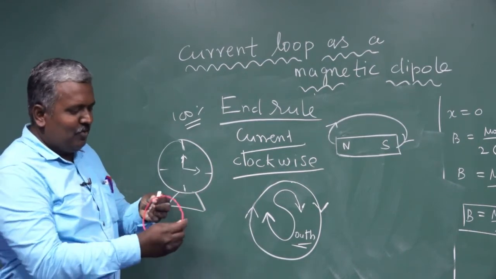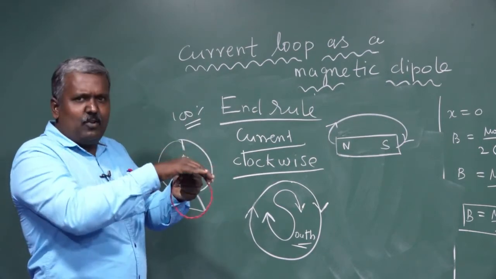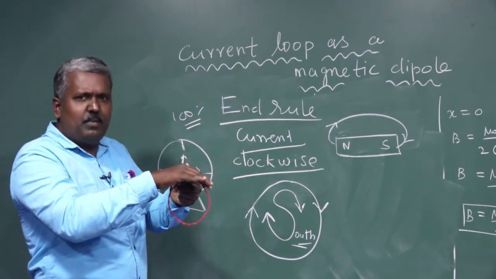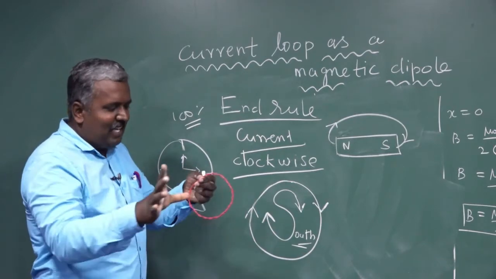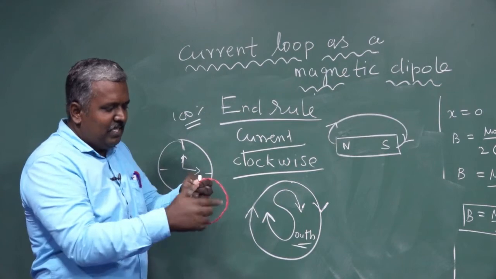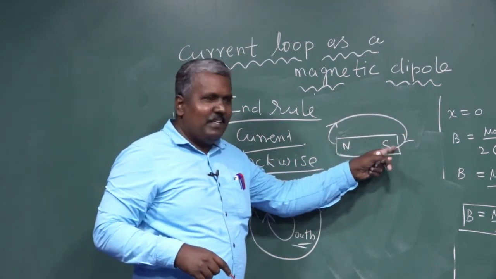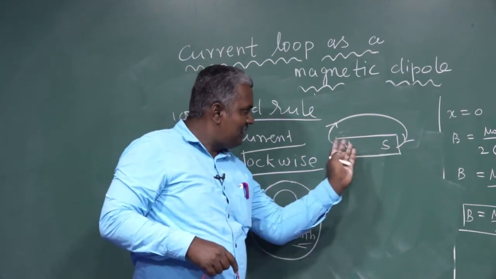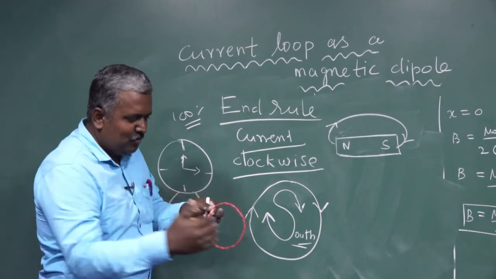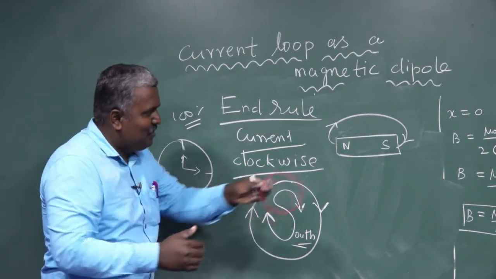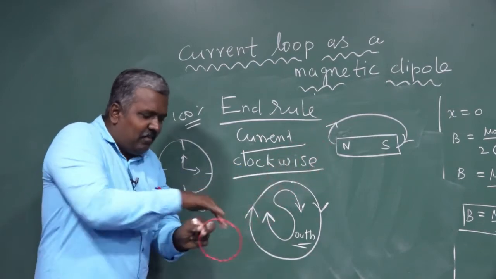Okay. So listen, this is the current. With the help of the right hand thumb rule, the direction of the field is like this, along the axis of the circle, inside and outside. Inside, towards the coil, towards the bar magnet, is south; away from the bar magnet, away from the coil, is north.